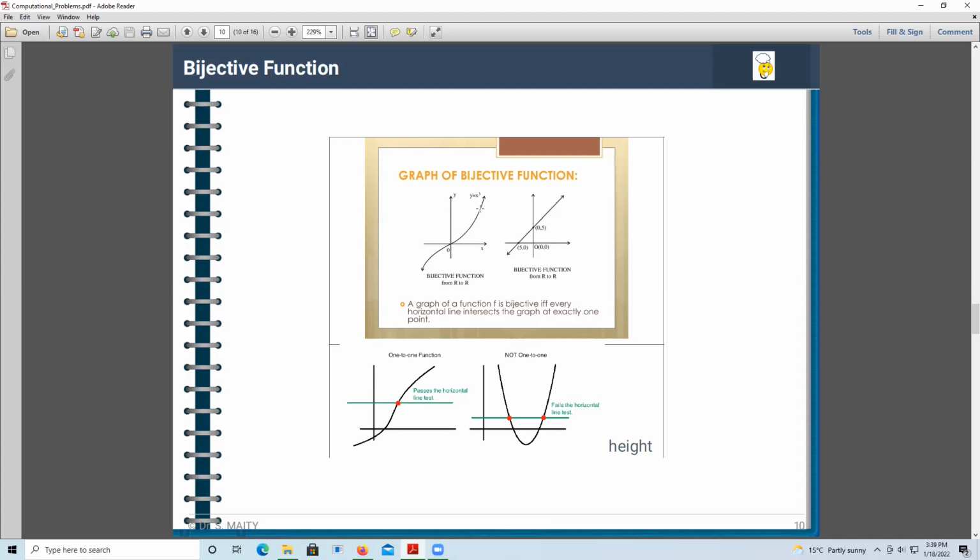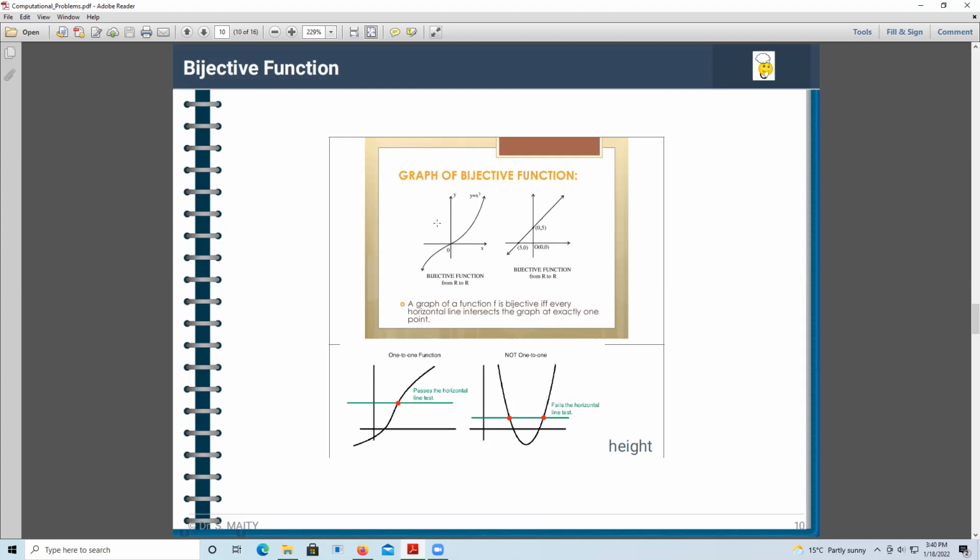That means two things: it must cut the graph somewhere, and it must cut the graph at exactly one point, not more than 1 point, not less than 1 point. Then only it is a bijective function.